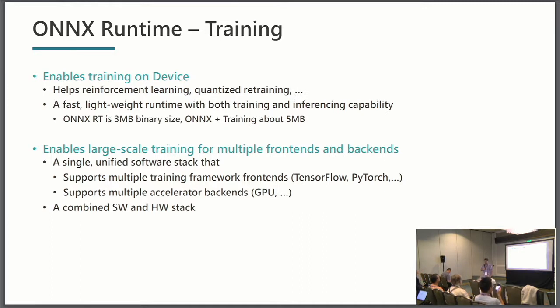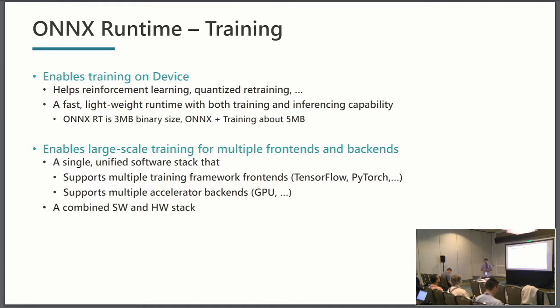With training, ONNX Runtime is a fast, lightweight runtime with both training and inference. For inference standalone, the binary size is around 3 megabytes, plus training it is around 5 megabytes.